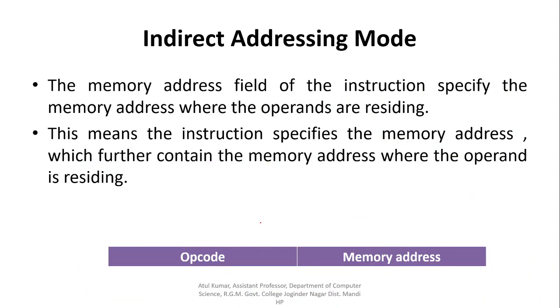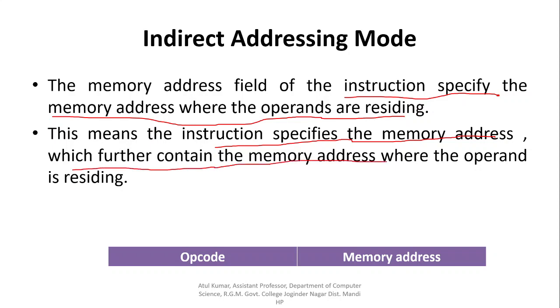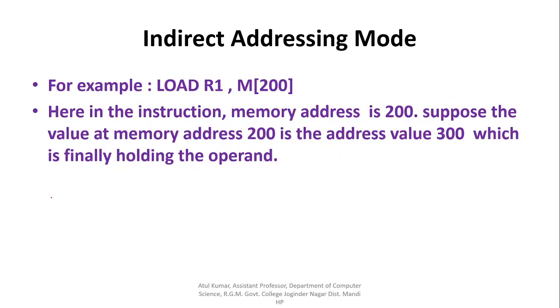The next addressing mode is indirect addressing mode. In indirect addressing mode, the memory address field of the instruction specifies the memory address where the operand is residing. This means the instruction specifies a memory address which further contains the memory address where the operand is residing.